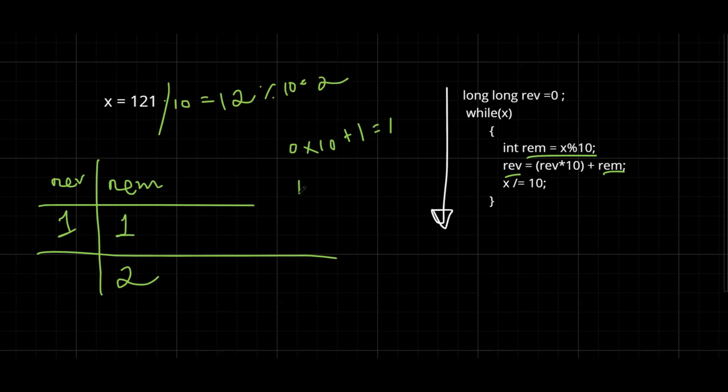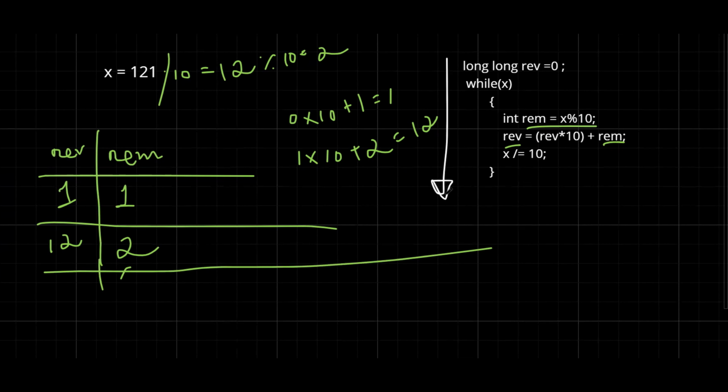So now reverse will be 1 into 10 plus the remainder 2, which is 12. So here, the value is 12. Now we have to divide the value of x by 10. So if we divide 12 by 10, the answer will be 1.